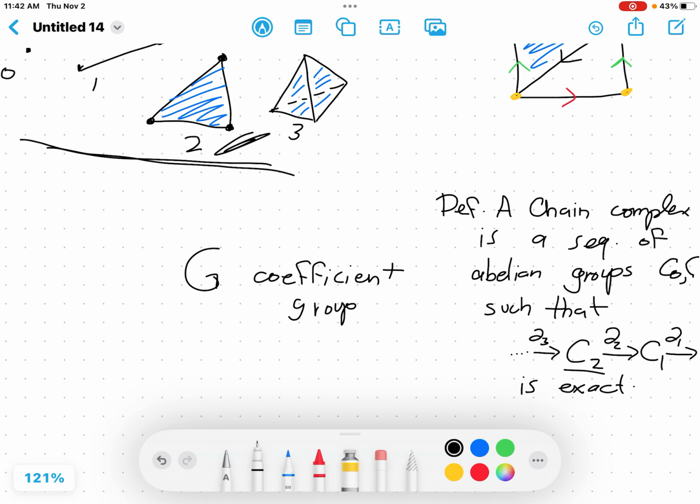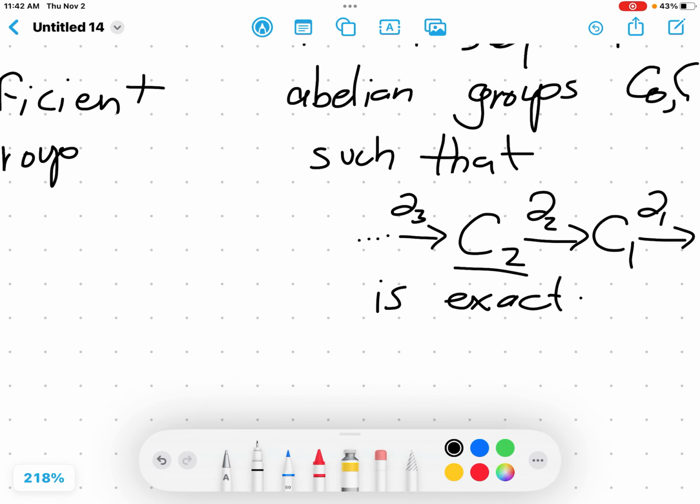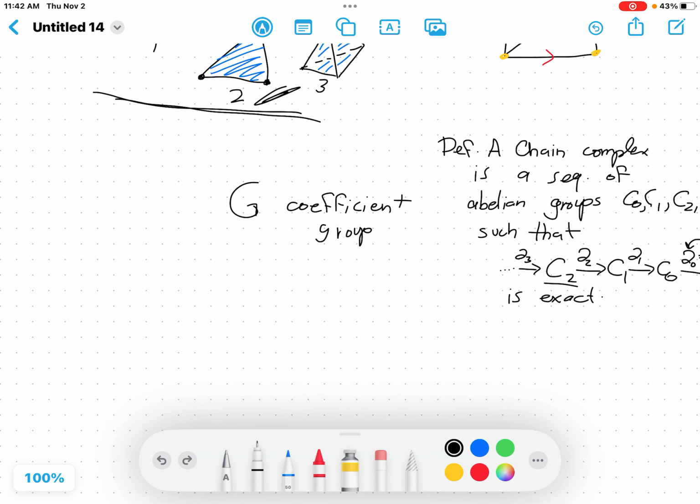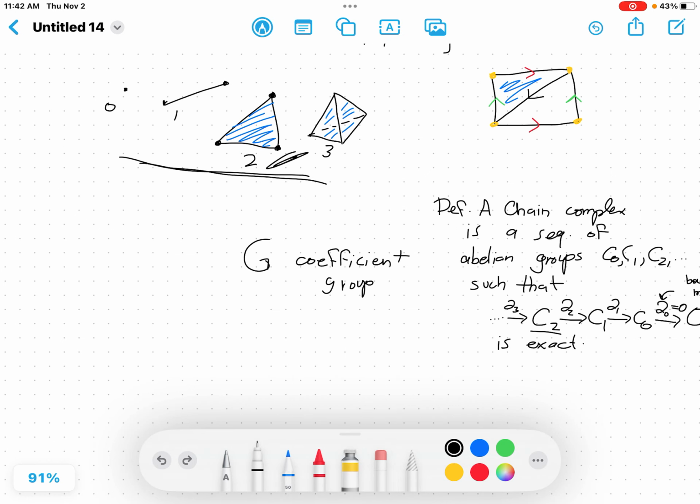So if there are two simplices there, then C2 is not trivial. All right, so it's not a 0 group. It must be some G, a coefficient group, or some direct sum of G. It breaks down into one of those cases. It's either a direct sum of our coefficient group, or just a single copy of our coefficient group.